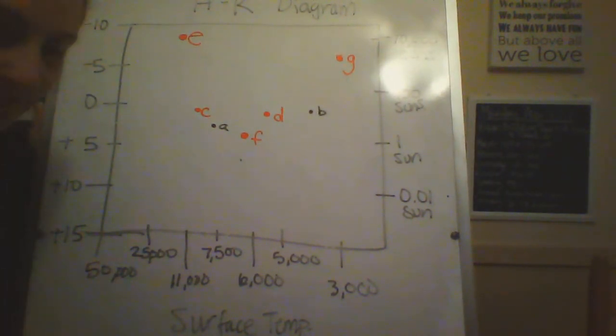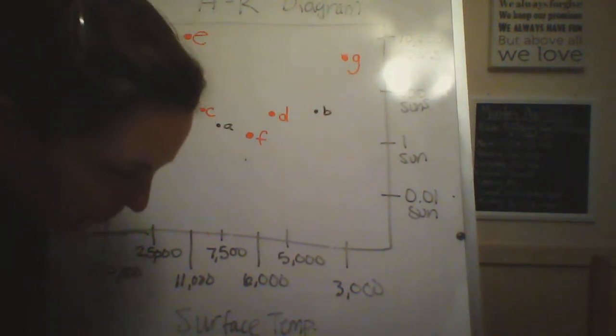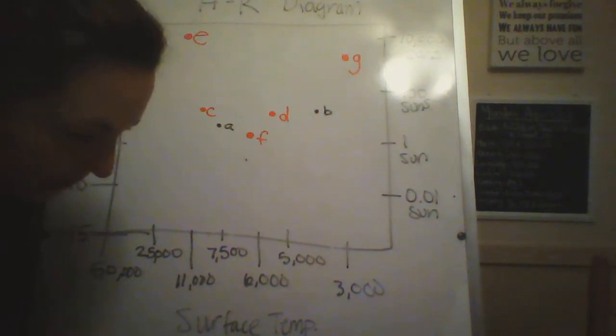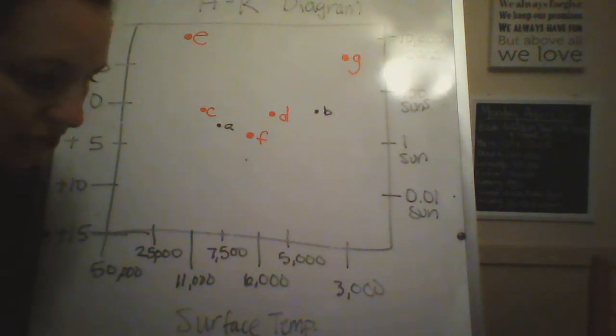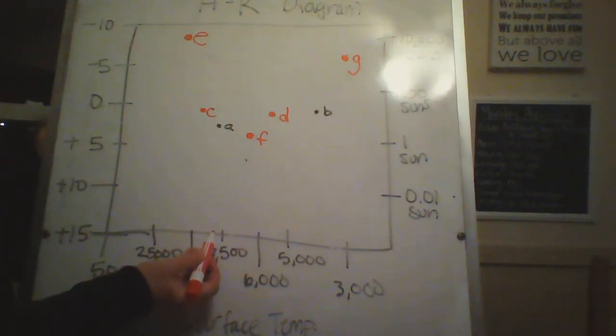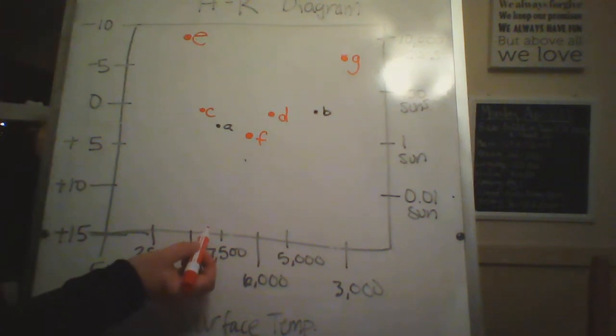All right. The next one, we are on H, and we're on Altair, star named Altair. And Altair has a surface temperature of 8,000 kelvins, so right over past the 7.5, 8,000 kelvins, and we're at positive 2.3.